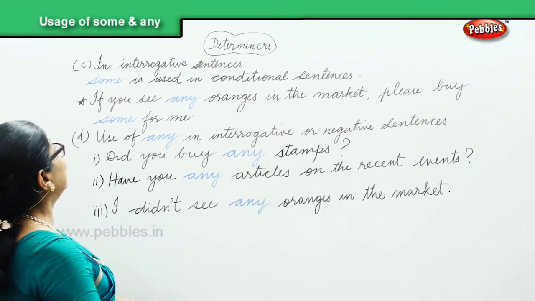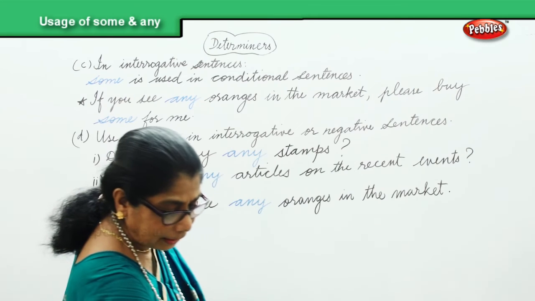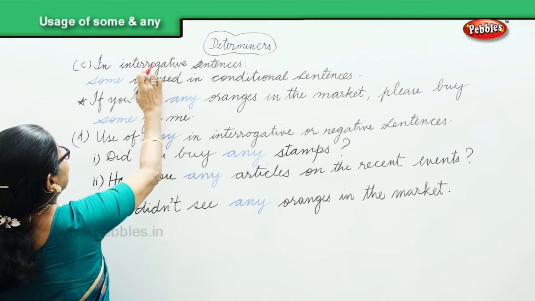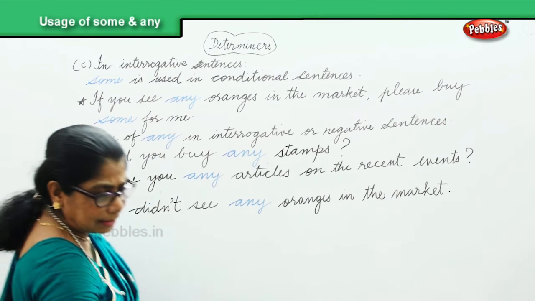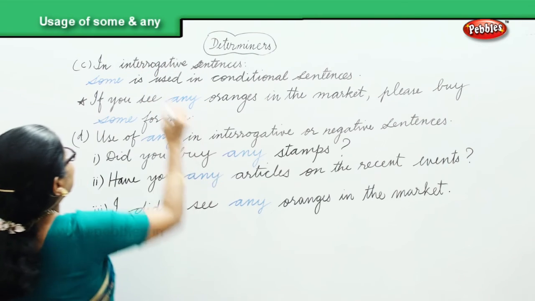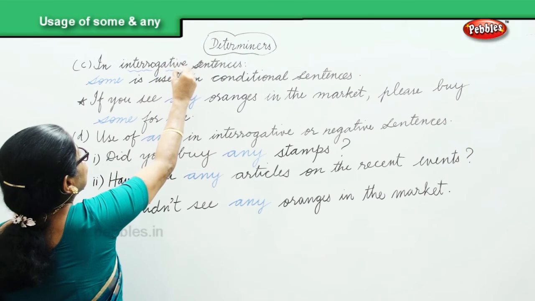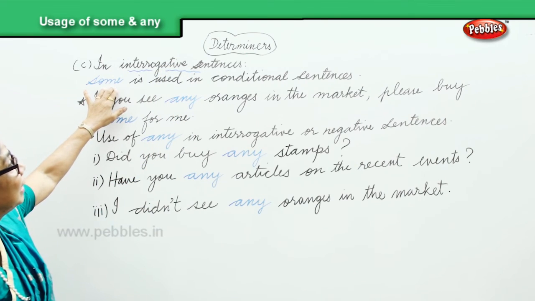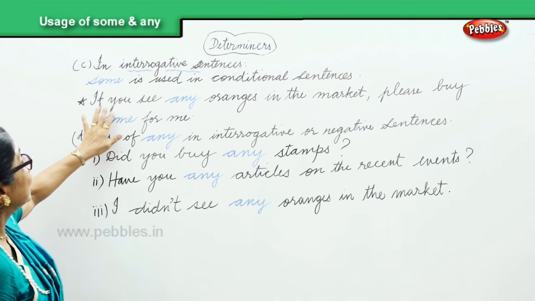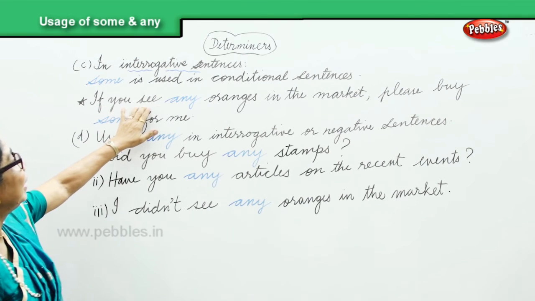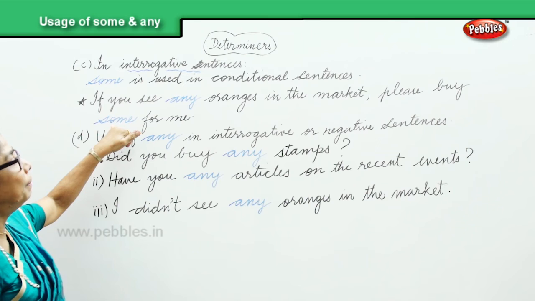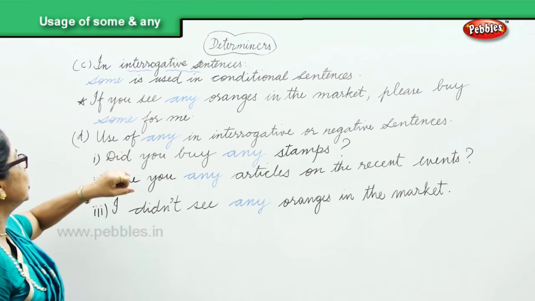So, the third type: some is used in conditional sentences. If you see any oranges in the market, please buy some for me. Conditional.